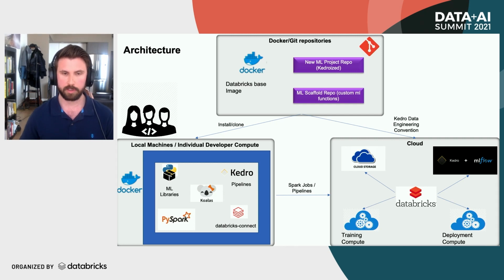on the bottom left, you see that they'll have ML libraries in there. They'll have the ability to build Kedro pipelines. They have PySpark and Databricks Connect to send those jobs to the cloud, as well as koalas to work with data frames that can be sent to Spark, just as if you were working with a pandas data frame.